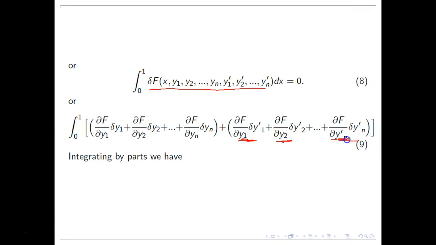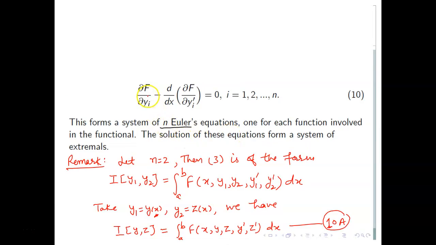So it becomes an extended case of the proof of Euler's equation, the basic Euler equation. After simplifying, we get n equations, which can be written in this form: partial f over partial yi minus d by dx of partial f over partial yi dash equal to 0, for i equal to 1 to n. So basically these are n Euler equations.